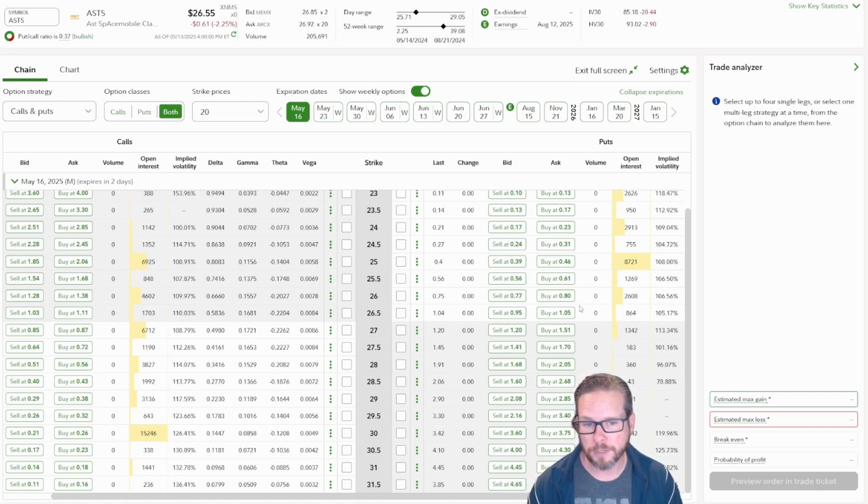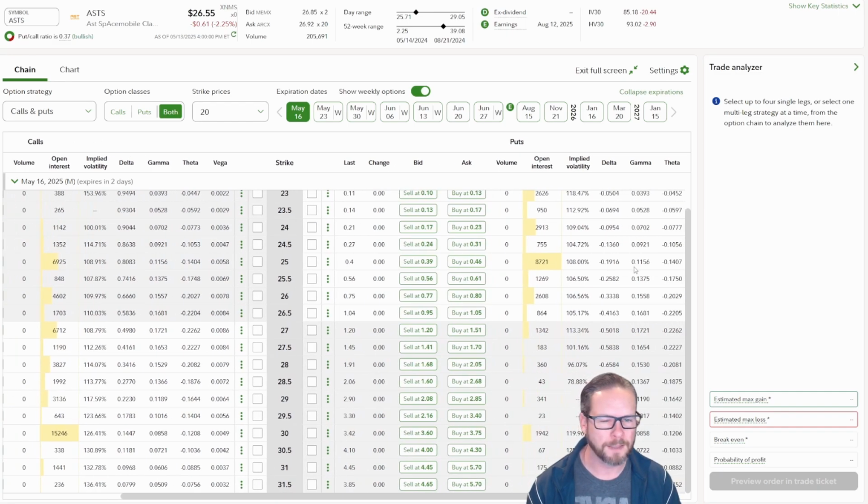So I looked around here and I said, okay, this is interesting because we were at about this range. I think it was about 26.5 was the price, and it had dropped down to 25.94. In that range, I decided that 25 at the time was a delta of like 0.25.